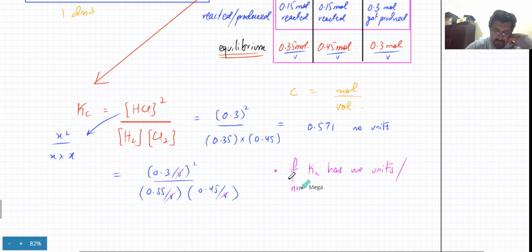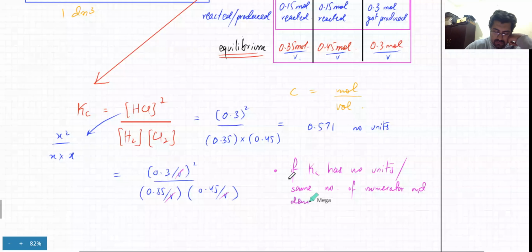Numerator terms are equal to denominator terms, or the same number of numerator and denominator terms.